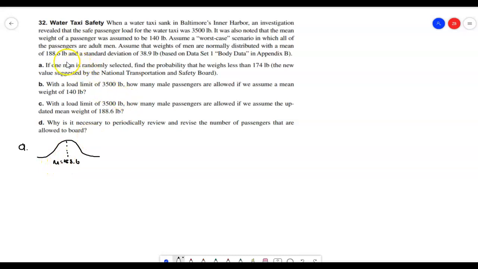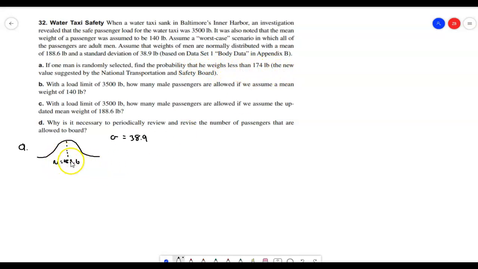Now my standard deviation, I'll put that off to the side here, is equal to 38.9. You can mark those off to each side if you want to. But it says, what is the probability that he weighs less than 174 pounds?